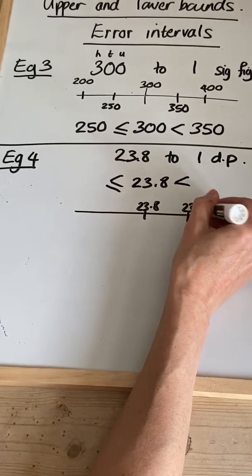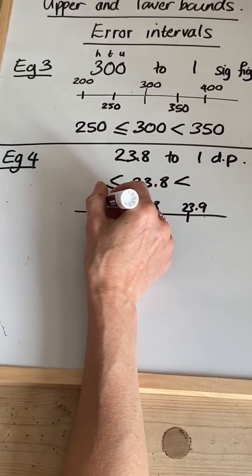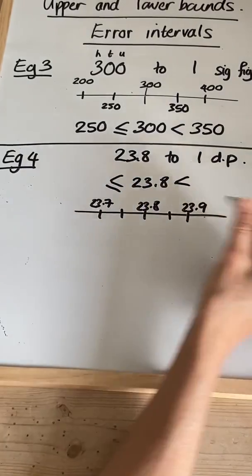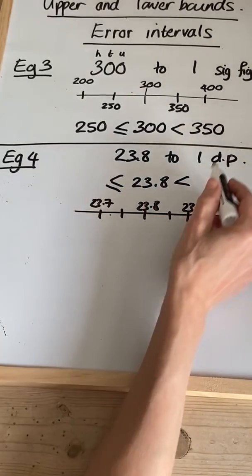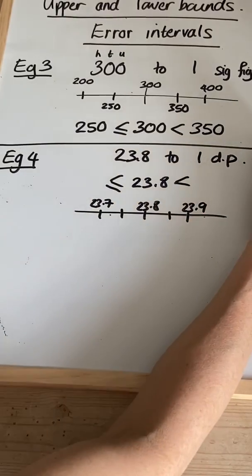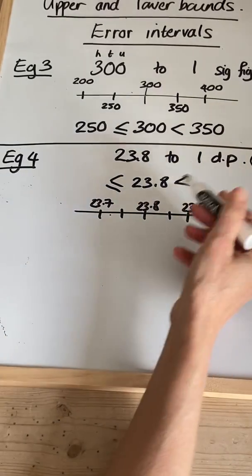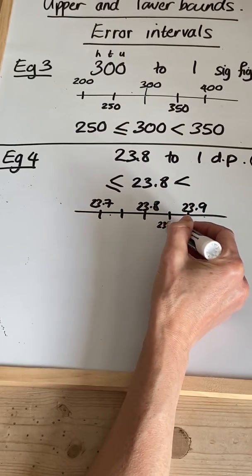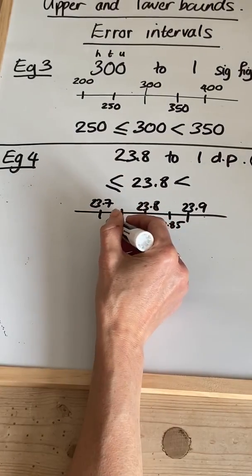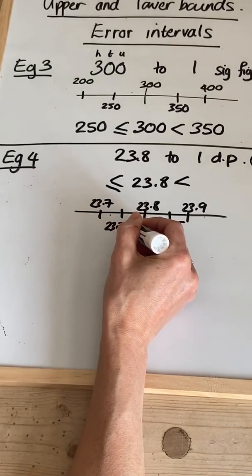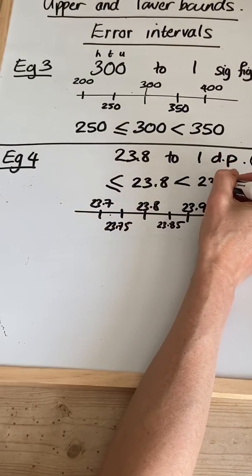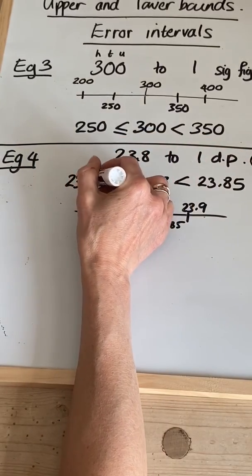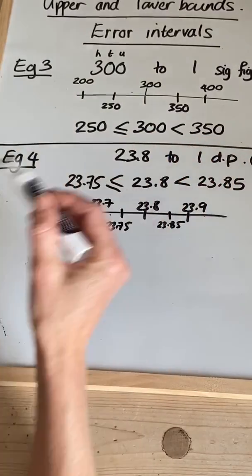So 23.9 there, and it will be 23.7 there, splitting those intervals in half. One decimal place is 0.1, remember. So 0.1 on either side. This is going to be at 23.85, and this one is going to be at 23.75.